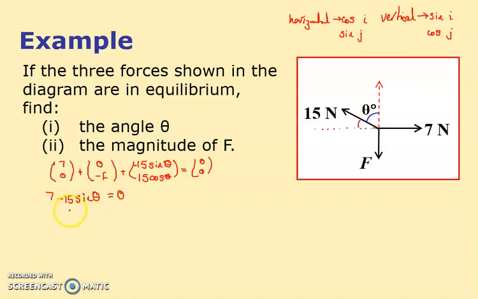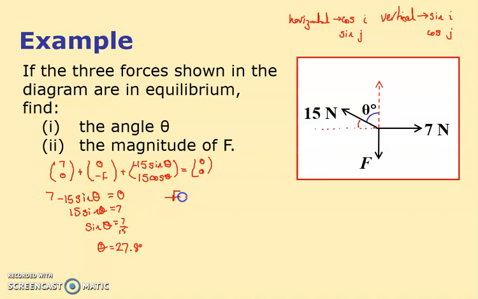So said differently, I suppose, 15 sine theta is equal to 7, or sine theta is 7/15. So I'm just going to do the inverse sine of 7 divided by 15. I get an angle for theta to be 27.8 degrees. And what about the f? Well, now I know the theta, I suppose I can do that.